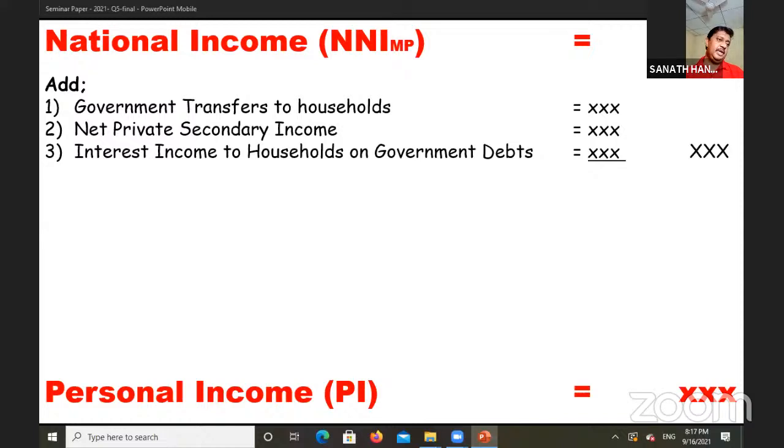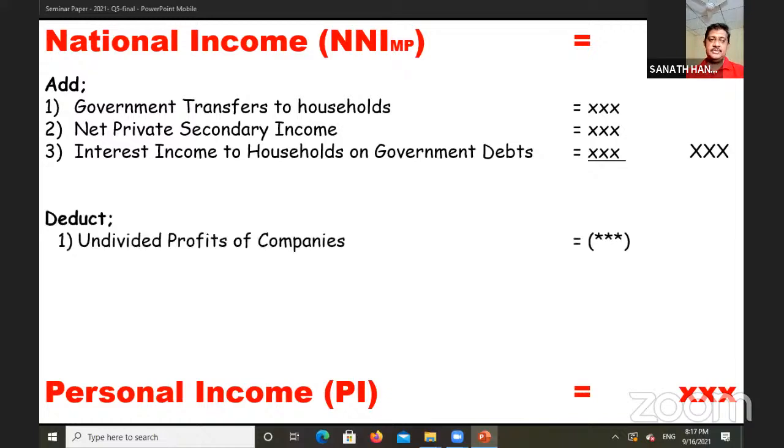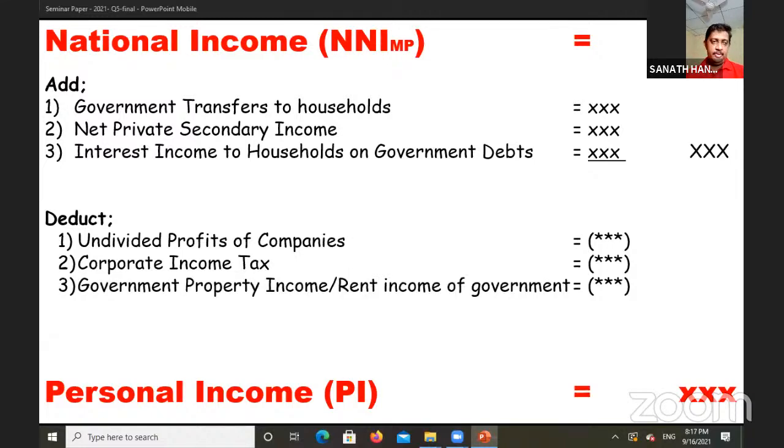Those are the adding items. Now the deducting items. Undivided profit, because they are in the companies, they don't come to our hands. Next, corporate income tax. Income tax goes to the government, it doesn't come to our hands. Government property income or rent income of the government.